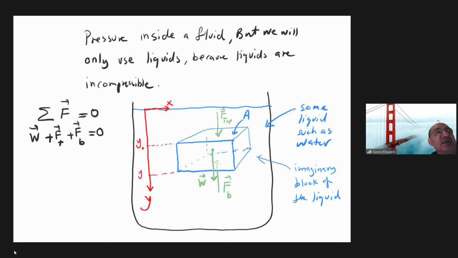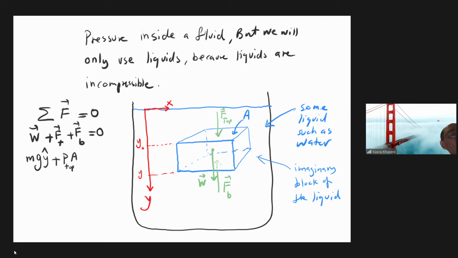Now I can write these in terms of their components in the coordinate system that I have drawn here for you. So W becomes the total mass of this block times g in the y hat direction, plus the force on the top, which is obviously the pressure on the top times the surface area.